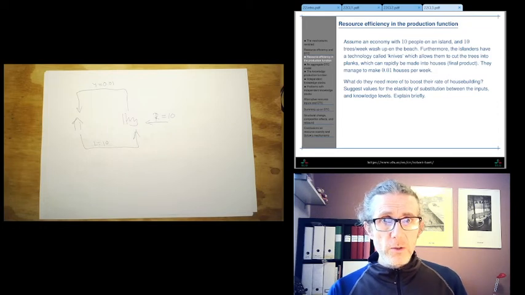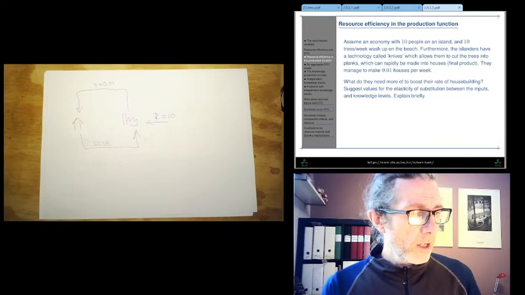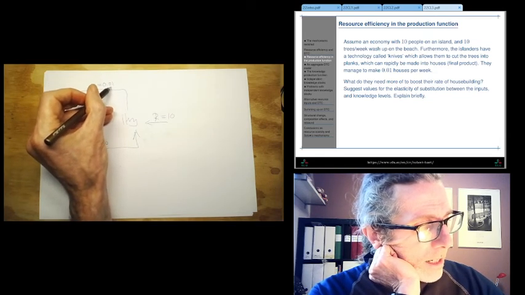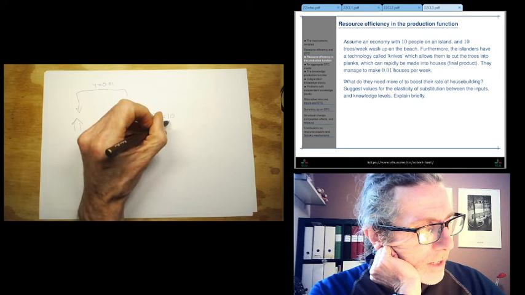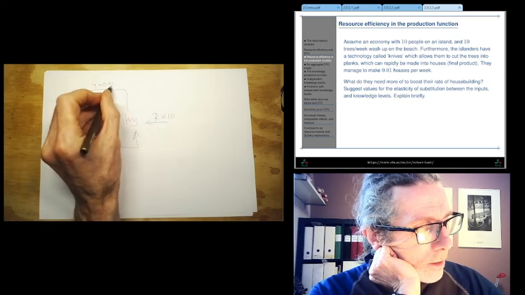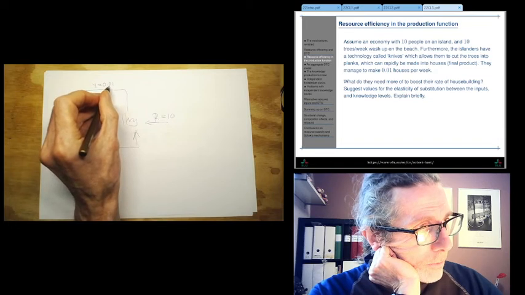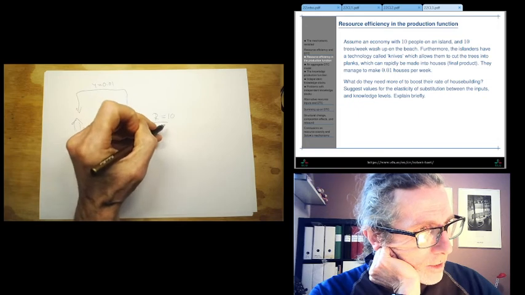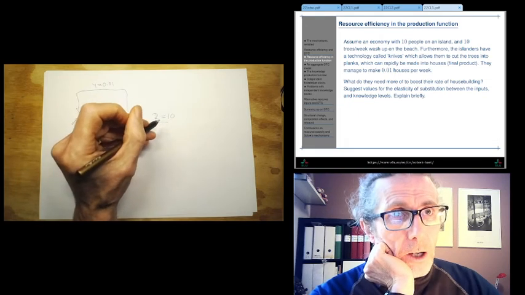You need to use your brain and think intuitively. So this is 1/100th of a house. 10 trees are making 1/100th of a house. So for a whole house, that would be 1,000 trees. That seems like an awful lot.